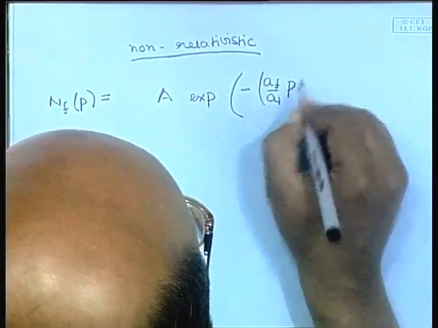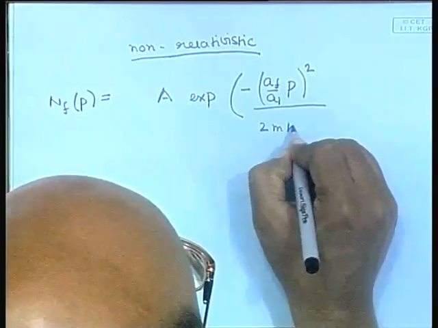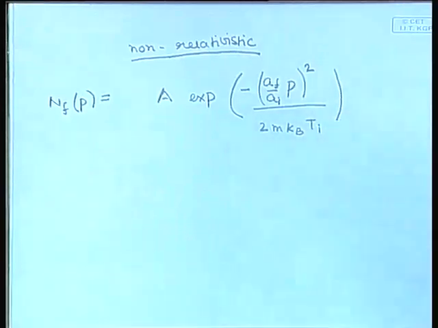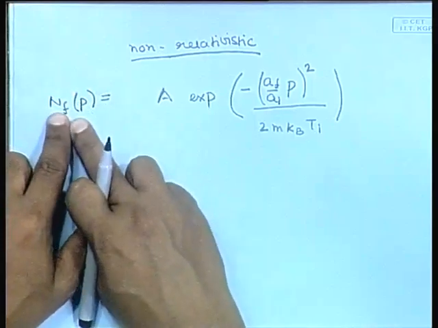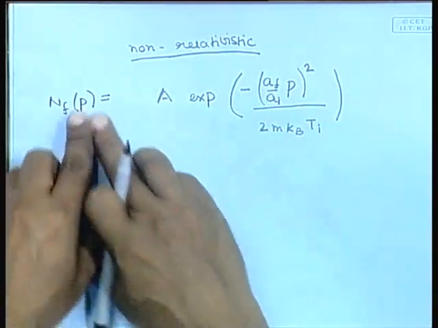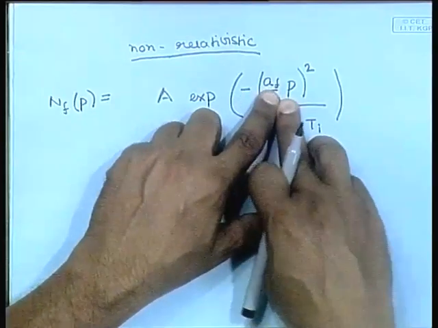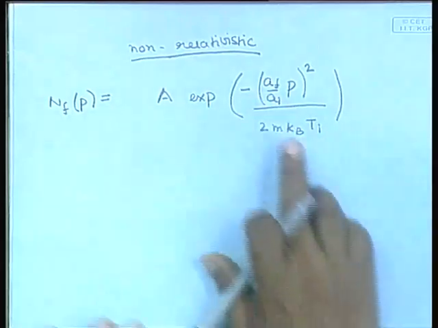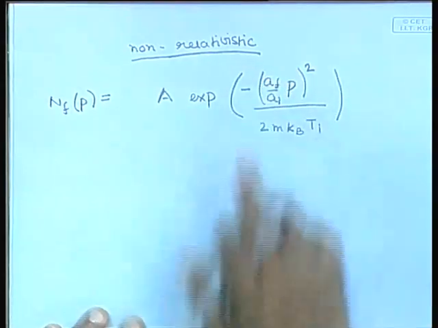So, this will be squared, divided by 2m kB T initial. This is the final distribution function, or the final occupation numbers. It is related to the initial function, just that you have to replace p by the value of the momentum at that epoch, which is the ratio of the scale factors A_F by A_I into p. And since the occupation depends on the square of the momentum, the square of that comes over here.